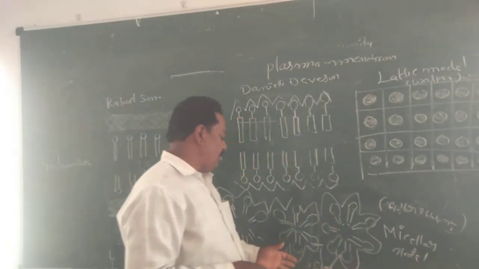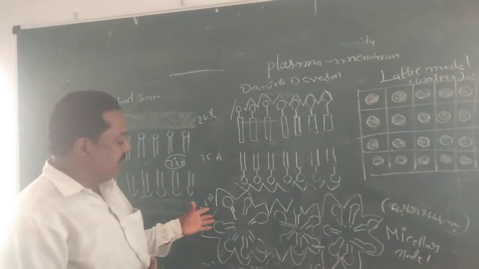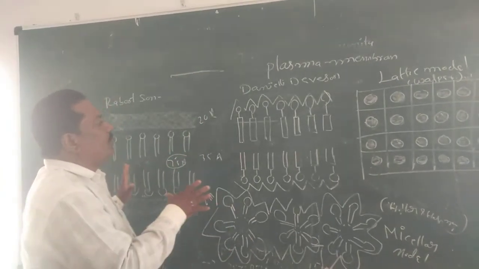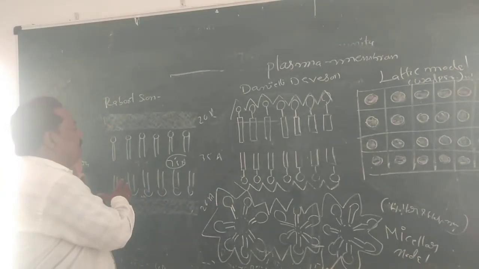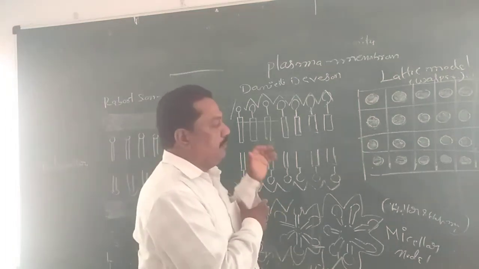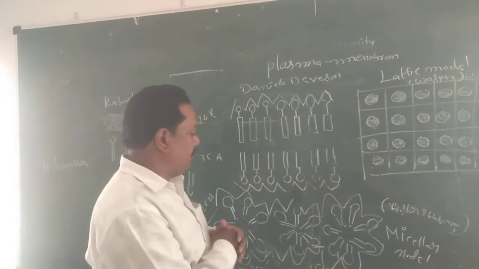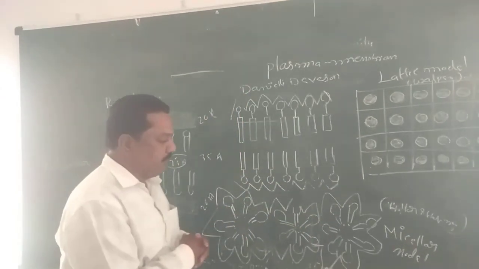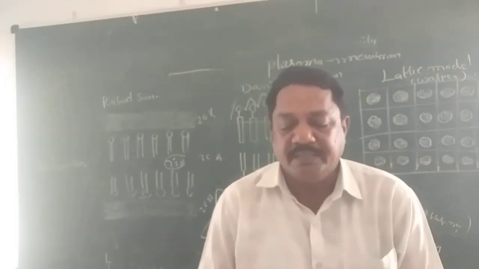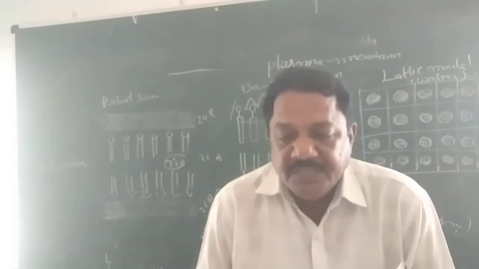Next, the micellar model: numerous micellar units are present in the plasma membrane, and each micellar is coated by lipid molecules. So four important theories are put forward: Robertson's trilaminar theory, Daniel and Davson's bilaminar theory, the lattice model proposed by Wolfer, and the micellar theory proposed by Hoffman, to explain the plasma membrane structure.